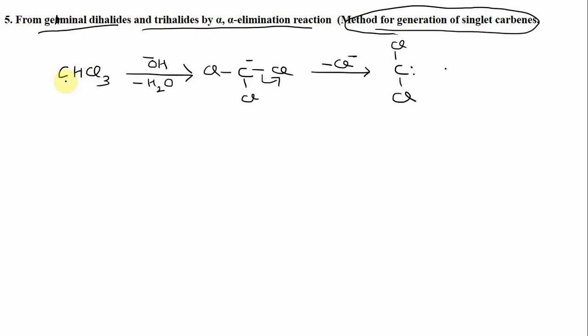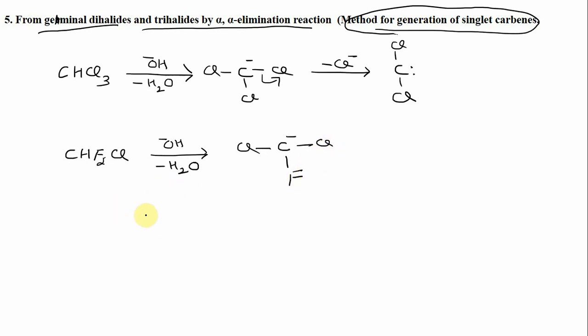The formation of carbene here is selective, and it depends upon the leaving tendency of the leaving group. Suppose you have CHF2Cl, difluorochloromethane. When you treat it with hydroxyl ion, again the hydrogen goes as H plus ion, so there is a loss of water molecule. So this becomes C negative with Cl, F and F. Now here we have two kinds of leaving groups, chlorine and fluorine, and which will leave depends upon their leaving tendency.